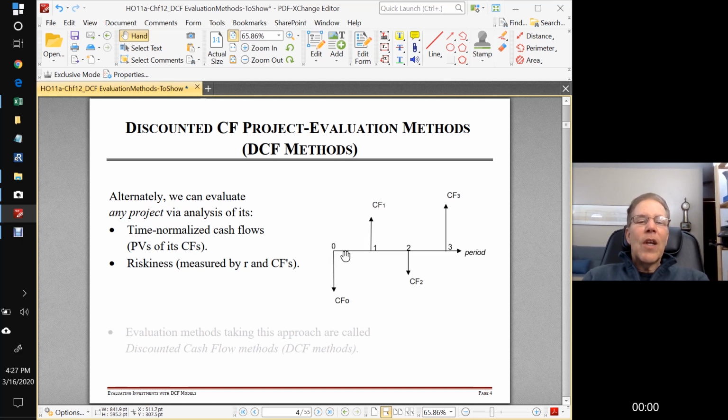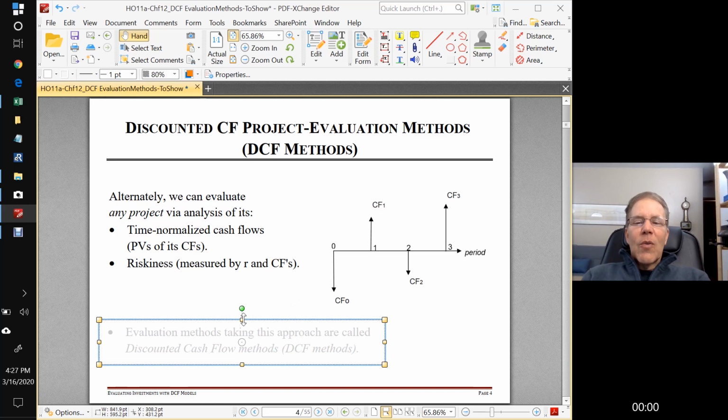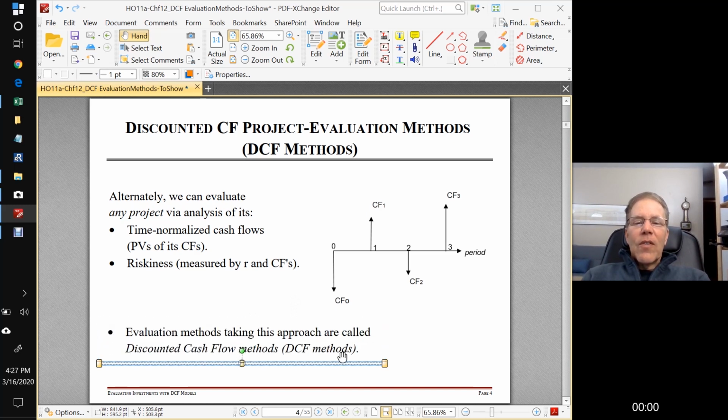And we use our PV formulas to make that translation. So using these time normalized cash flows and an understanding of how risky a given project is, we're going to be able to evaluate any project that we want. And when we use this approach, these methods are called discounted cash flow methods.